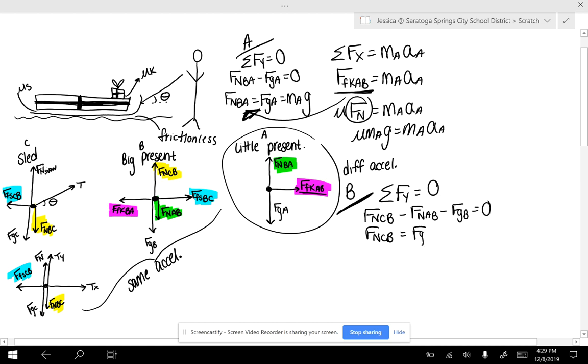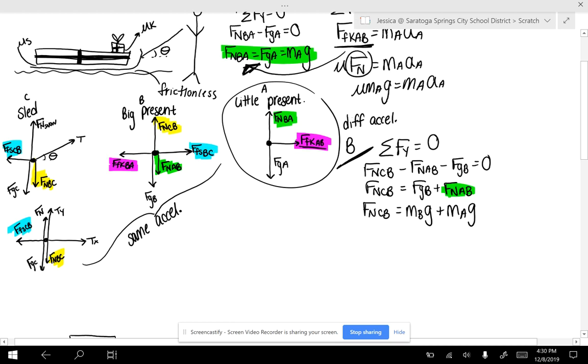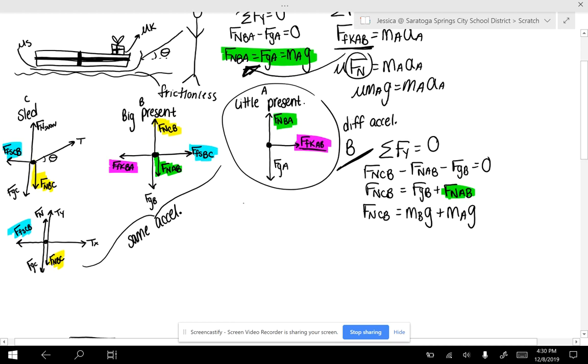It is F_GB plus F_N,AB, which, remember, F_N,AB is one of our force pairs, so it's the same thing as m_A g. So the normal force between C and B is so far the sum of the two presents, which kind of makes sense.